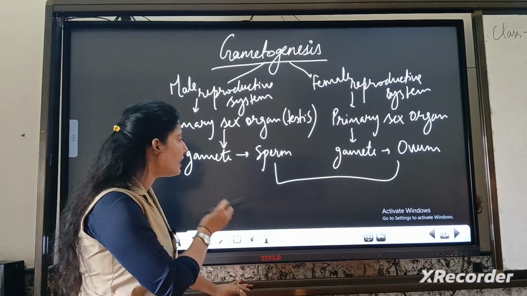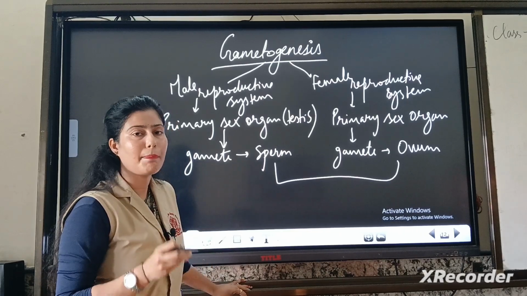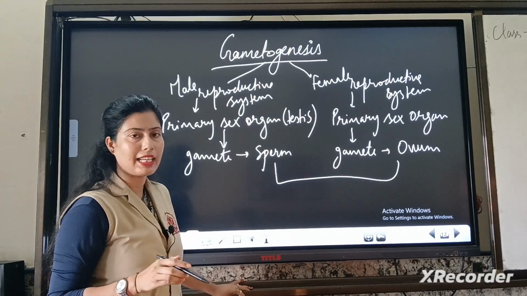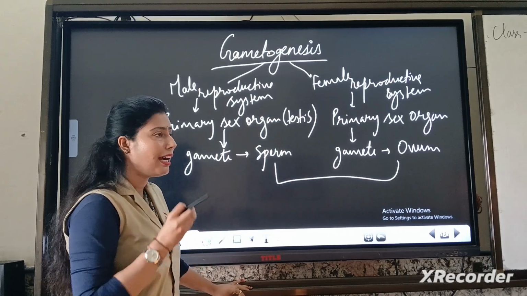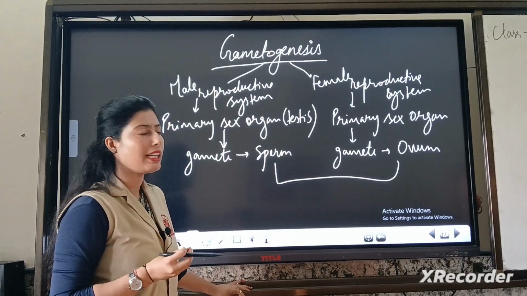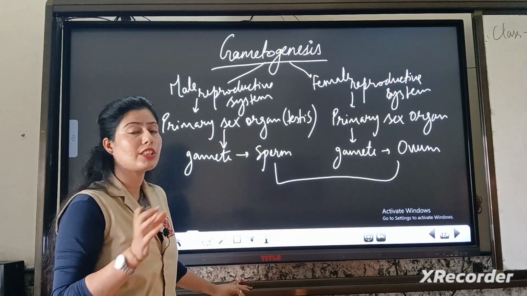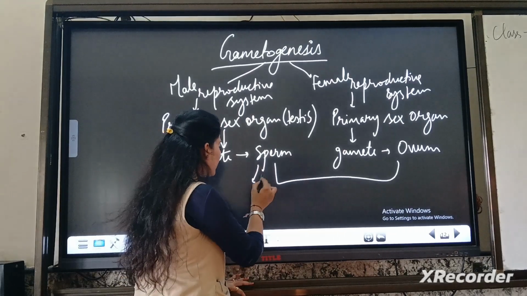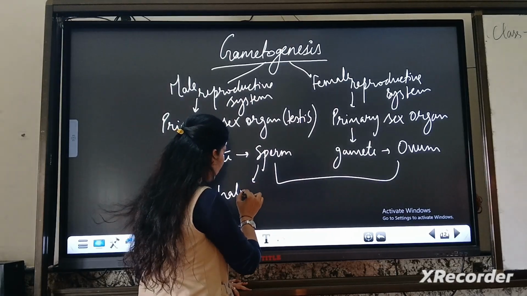Because these gametes are haploid in nature. I have already discussed this in the previous class. Meiotic division is a kind of division in which reduction of chromosomes occurs. It means both the gametes are haploid in nature.